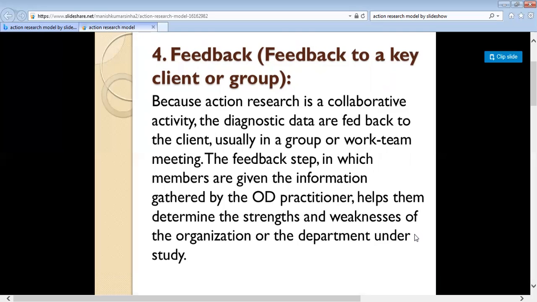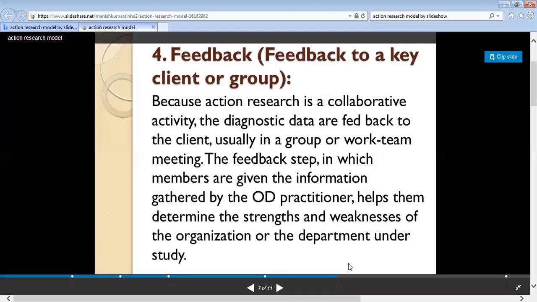Basically, feedback represents returning the analyzed information to the client system. The clients explore the information for understanding, clarification, and accuracy, and the client owns the data, their picture of the situation and the problems and opportunities.